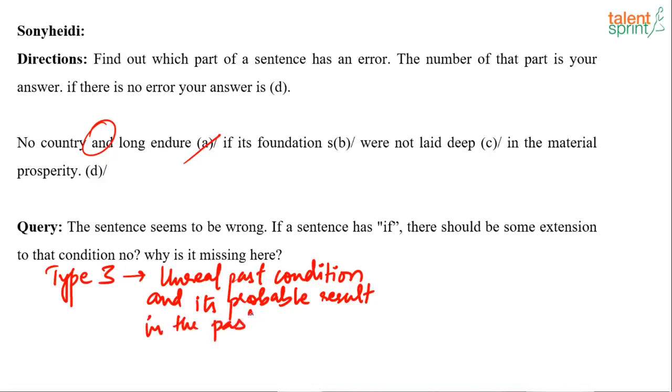So we are completely talking about the past and its probable result in the past. The if clause verb tense that we use here is past perfect, and the main clause verb tense is perfect conditional.